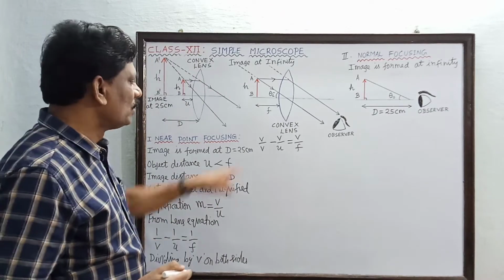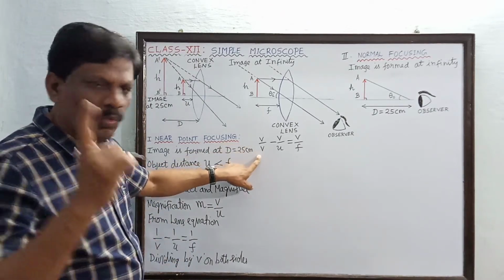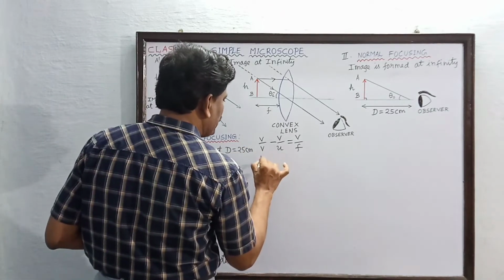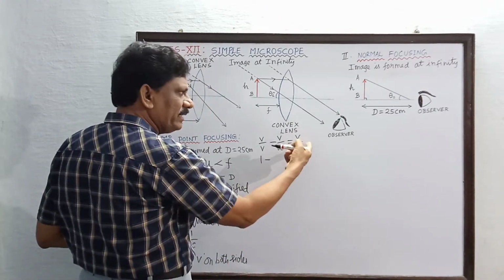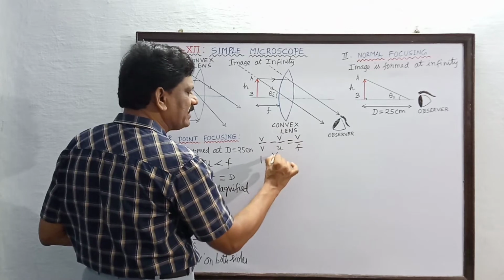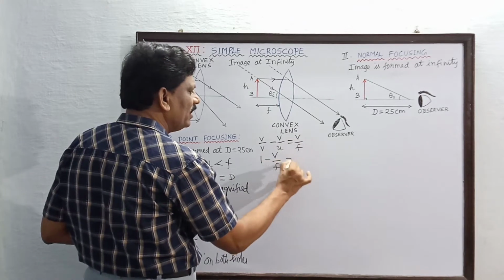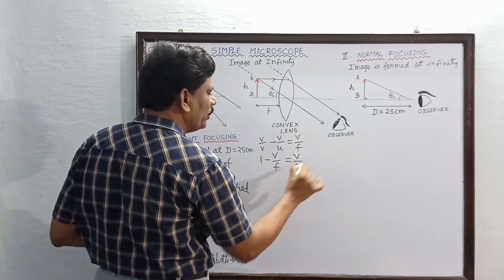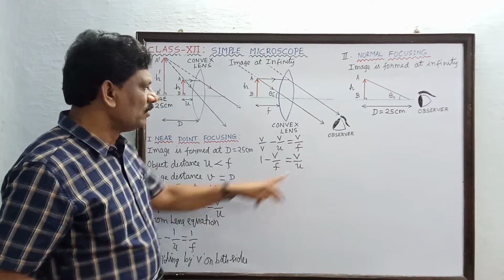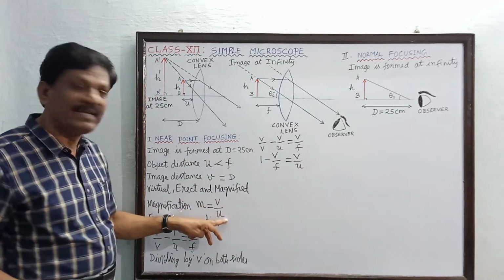So v by v is 1. So this is 1 minus v by u equal to v by f. Now v by f comes to the left hand side as minus v by f, and minus v by u is taken to the right hand side as v by u. So v by u is nothing but the magnification.